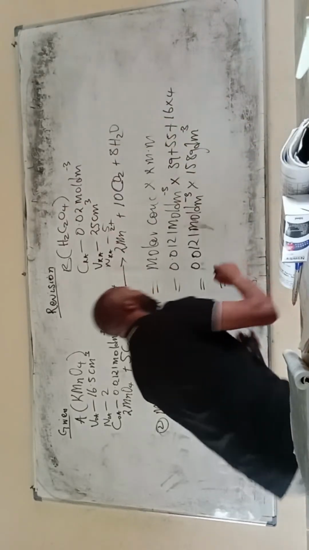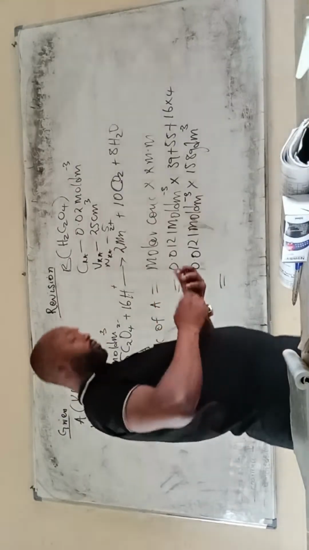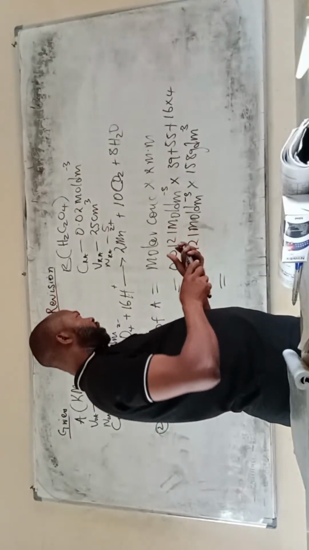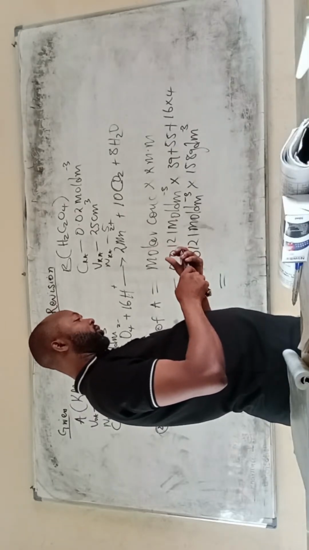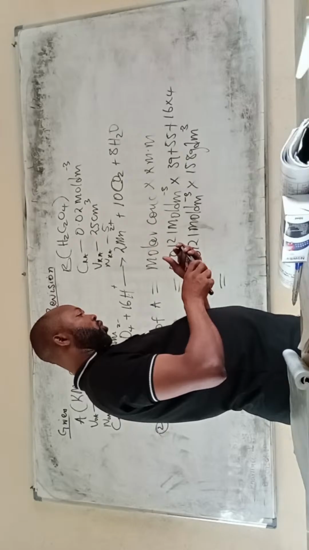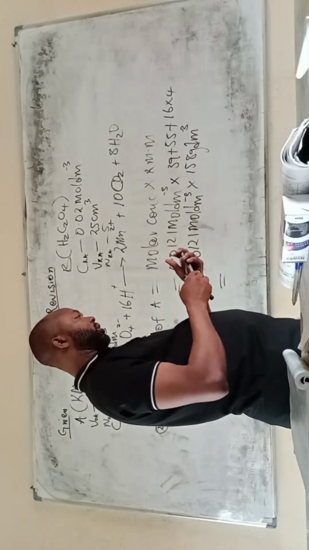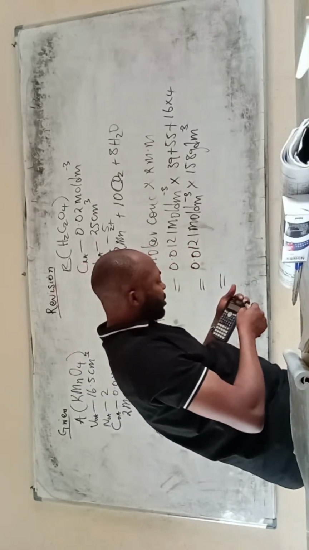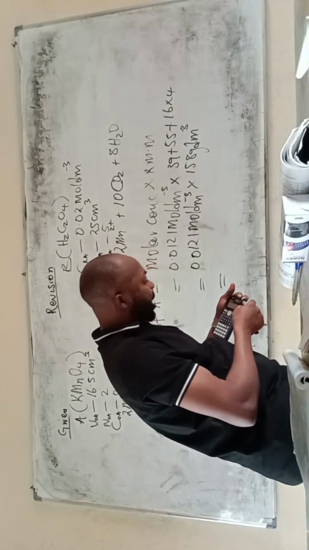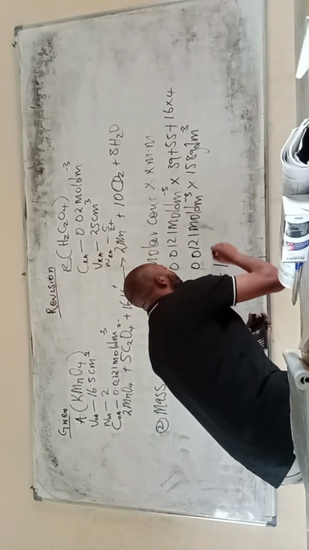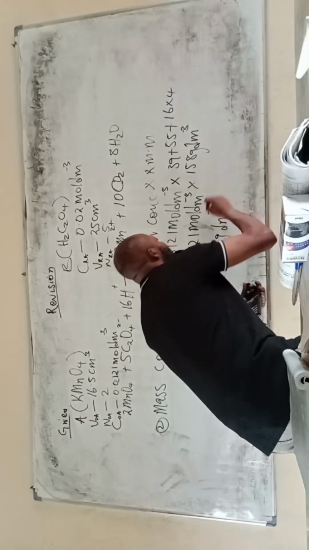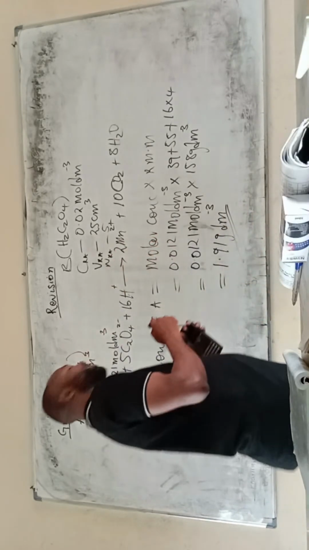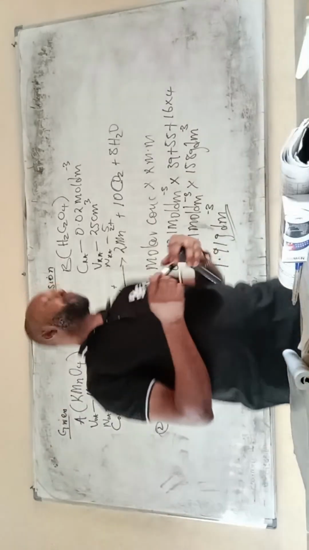So this is equal to 0.0121 times 158. This is 1.91. I have 1.91 g per dm cubed. So this is the mass concentration therein.